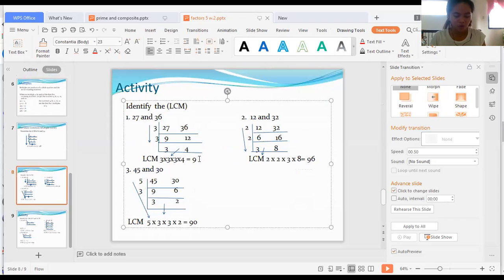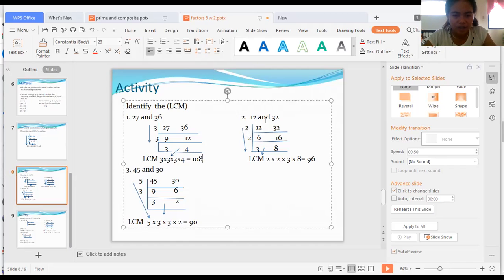Then times 3 again, that is 27. Then times 4, 27 times 4, that is 108. Okay, the teacher made a mistake. Again, 3 times 3 is 9. Then 9 times 3 is 27. Then 27 times 4 is 108. So the LCM is 108.